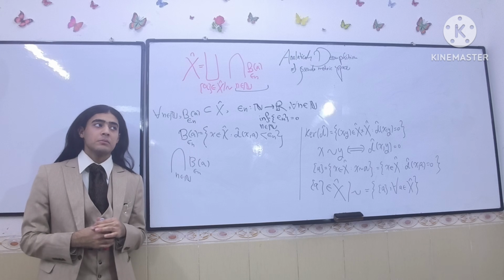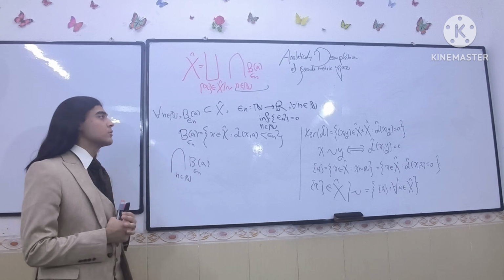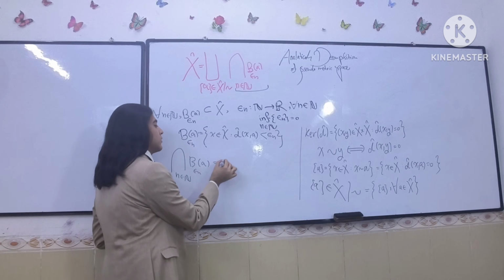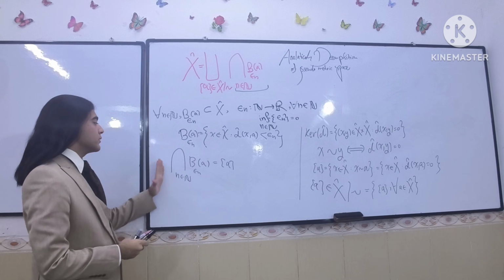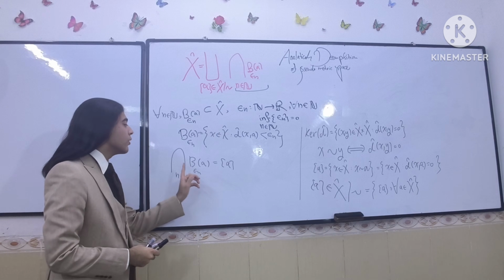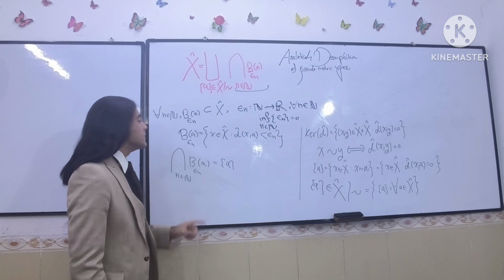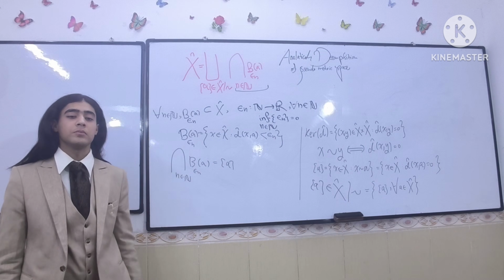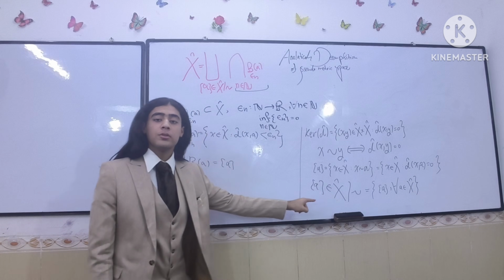In fact, the intersection of all the open balls around a in a pseudo-metric space is equal to the equivalence class of a. So the intersection is an element of the Kolmogorov quotient.